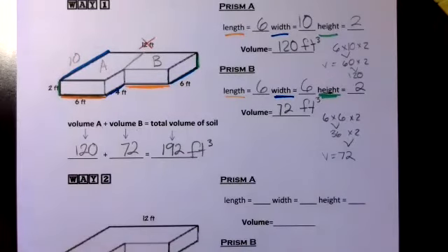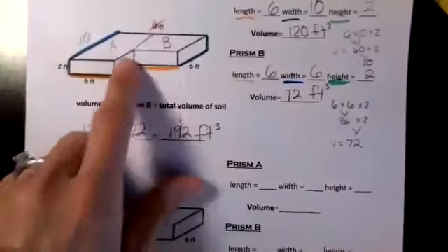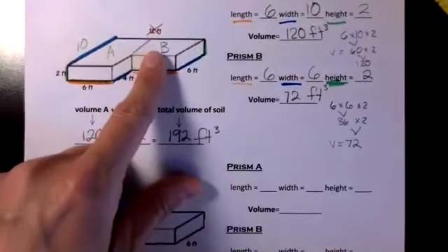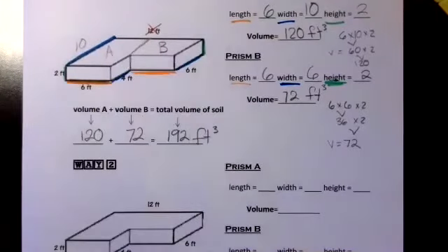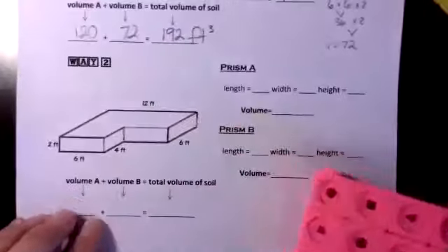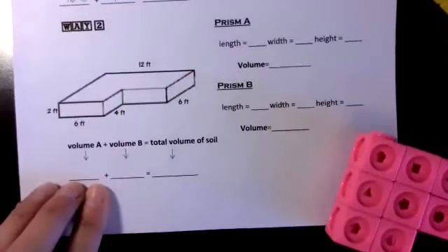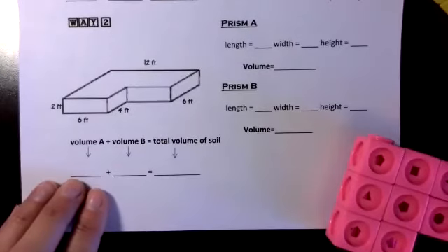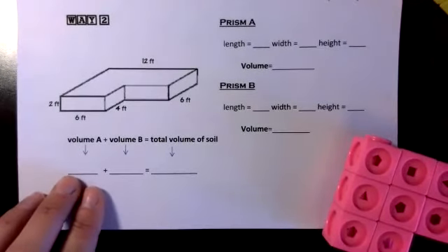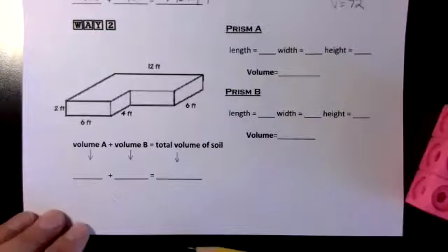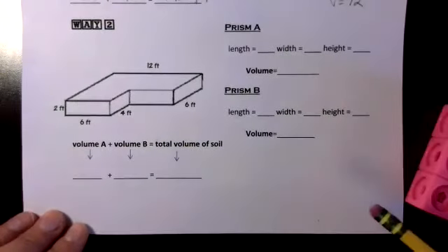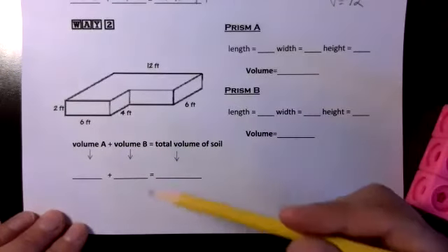Very good. So now another way to look at this one is, what if we didn't do this cut? Is there another way to make 2 prisms than the one we just did? So there is. We're going to look and see what we can do to make 2 different prisms, making a different cut. So can you help me figure out how we're going to cut this?